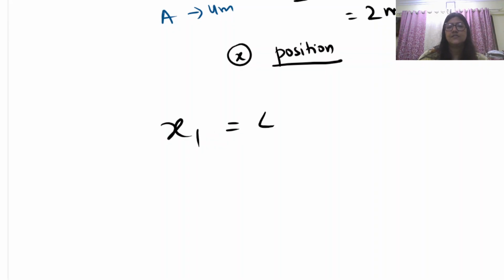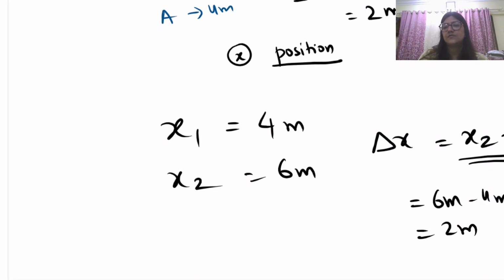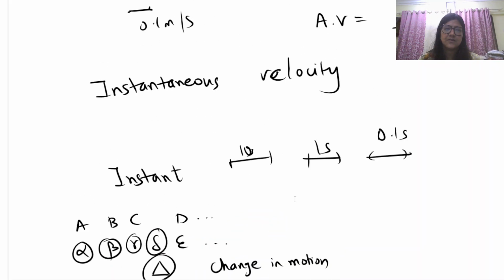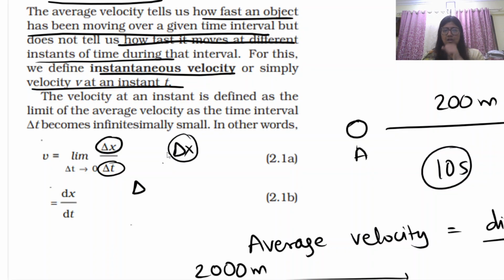X1 is 4 meter, X2 is 6 meter. Delta X is X2 minus X1, the change in position, which is 6 meter minus 4 meter, equal to 2 meters. This is just brushing up some basics. Sometimes it can be very confusing if you just start reading the NCERT book and you don't understand anything. So, yes, let's just finish this off.